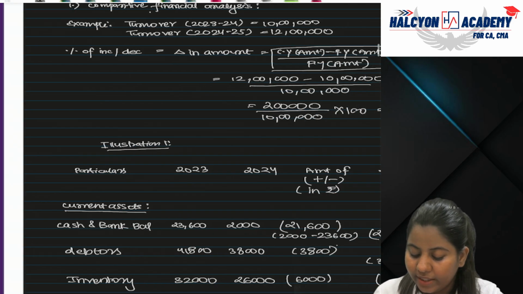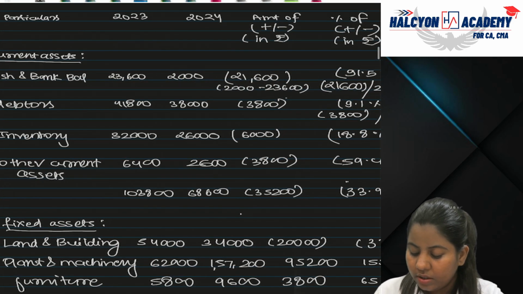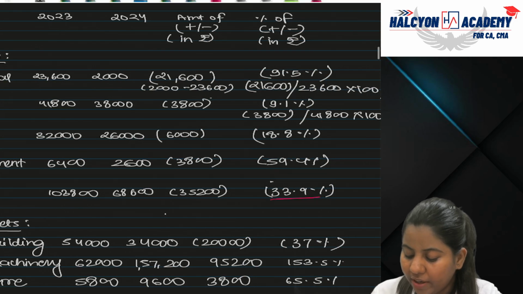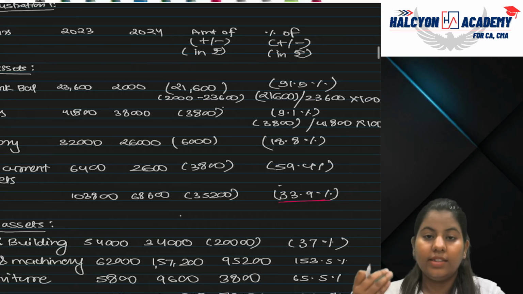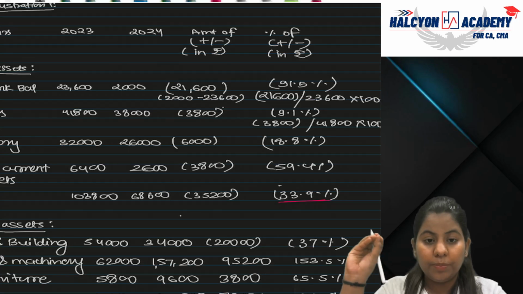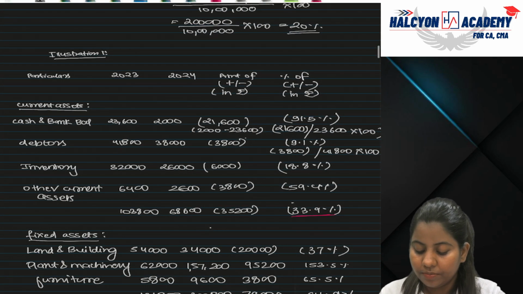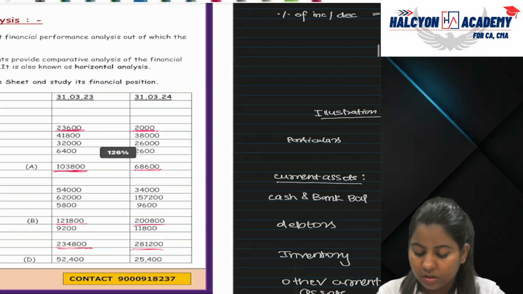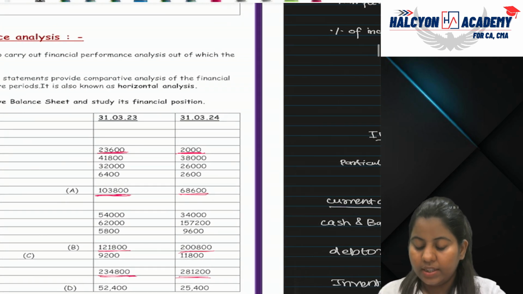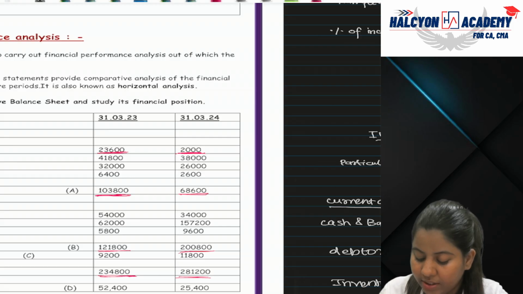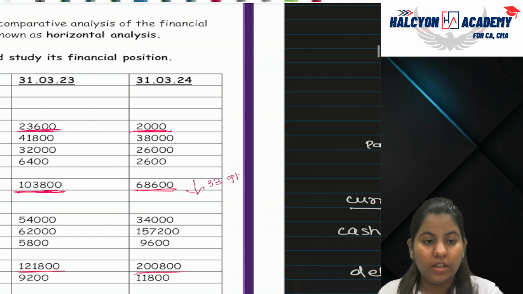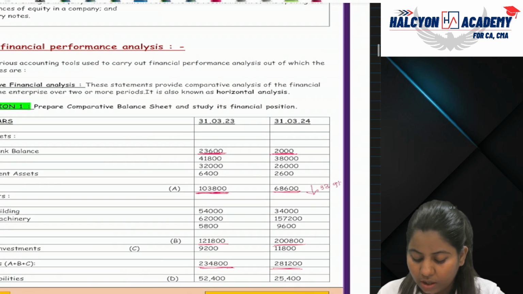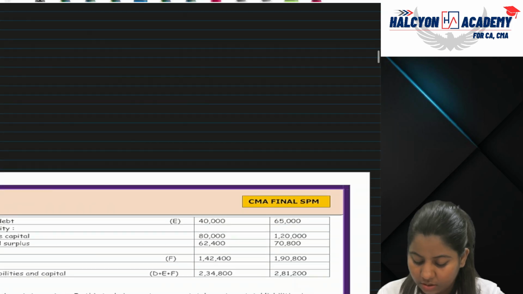We have also calculated how much it has decreased. The current assets are decreased by 33.9%, right? Now let's come to the current liabilities.